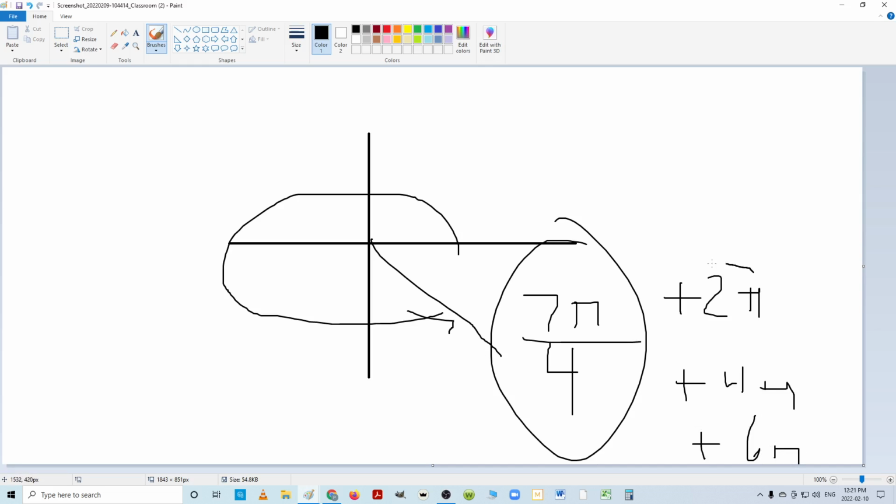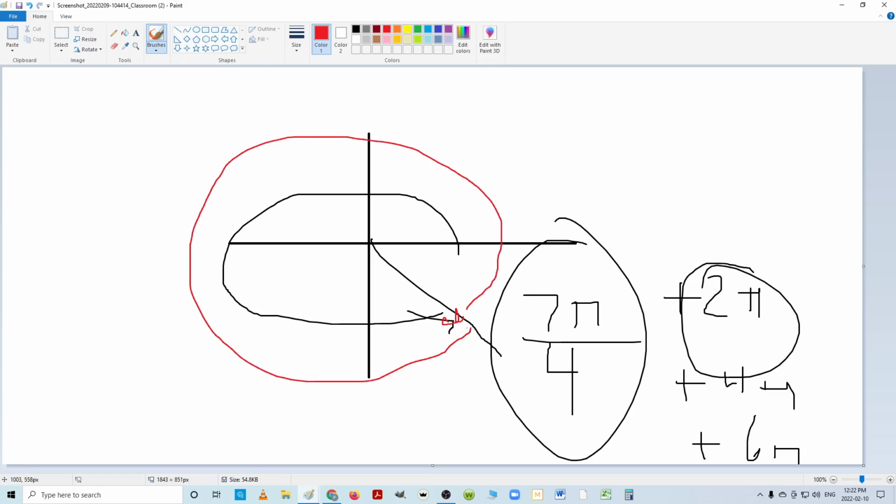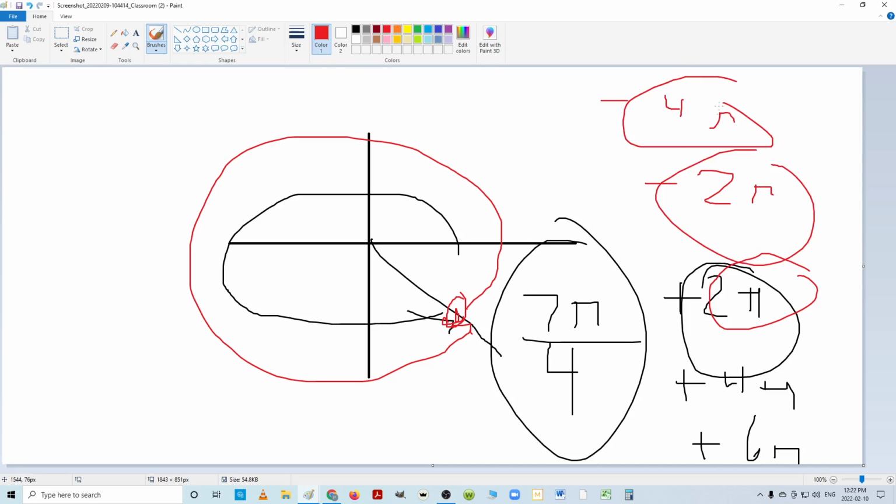And that's because this represents one full circle. If I go from this spot, and I go 360 degrees around, I end up at the same spot. Since 2 pi is 360, I can add or even subtract a version of 360 to this fraction and end up at a coterminal angle.